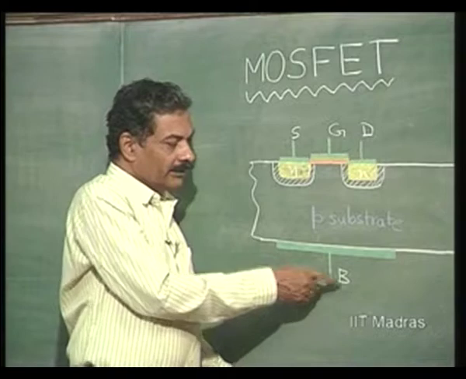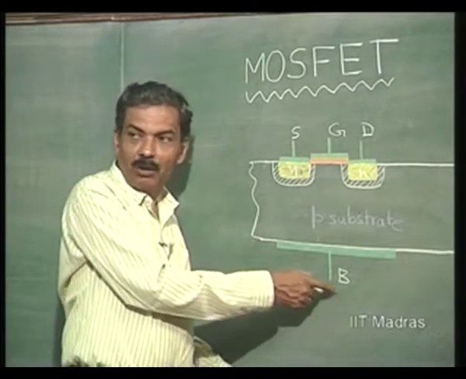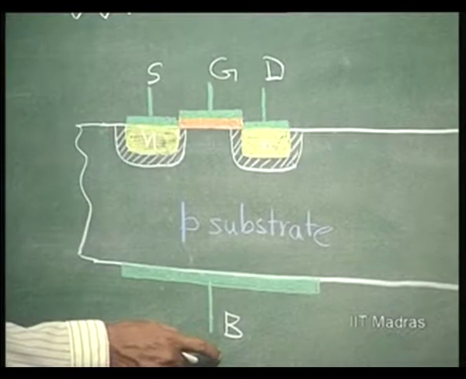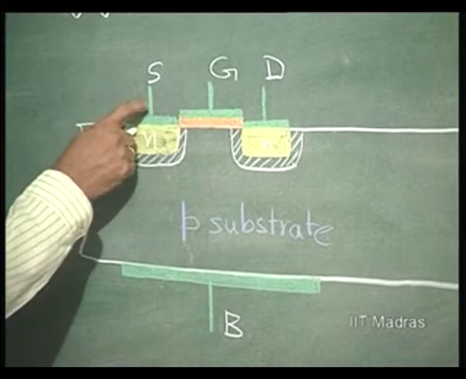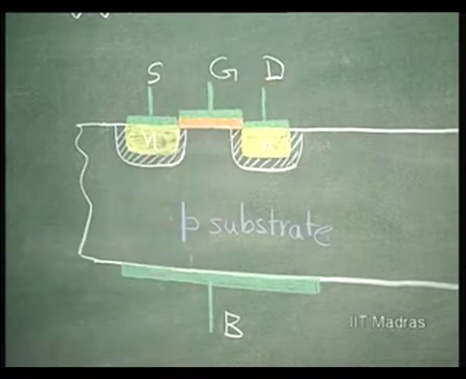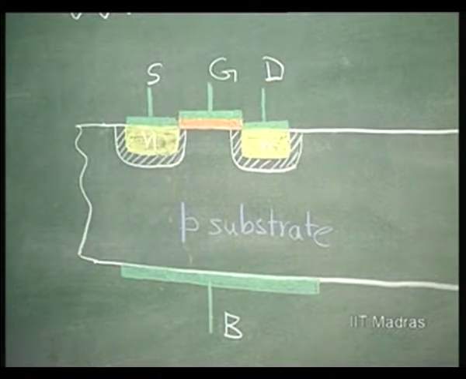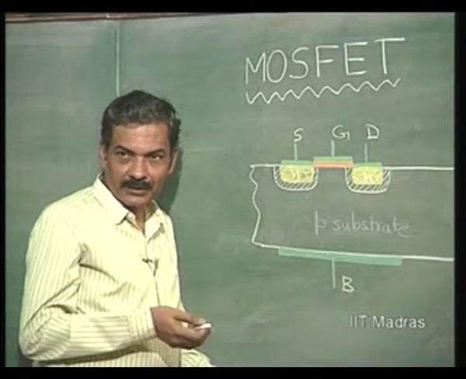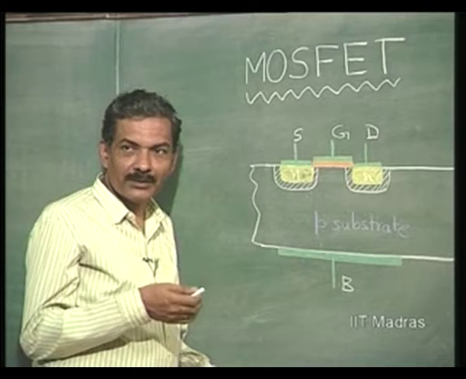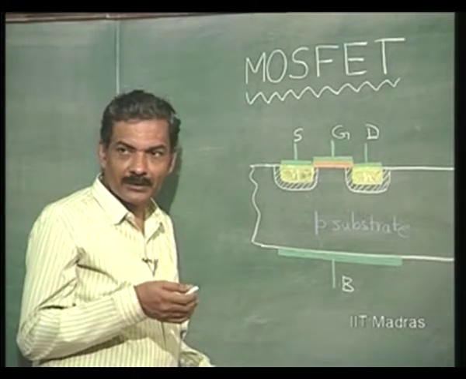Now, that is in this particular case also called body, that is why we call it as B, okay. This is body, this is source, this is gate, and this is drain. As I told you, for biasing this, to make these devices come into the active region, we need supply voltages, and we would like to make use of minimum number of supply voltages.